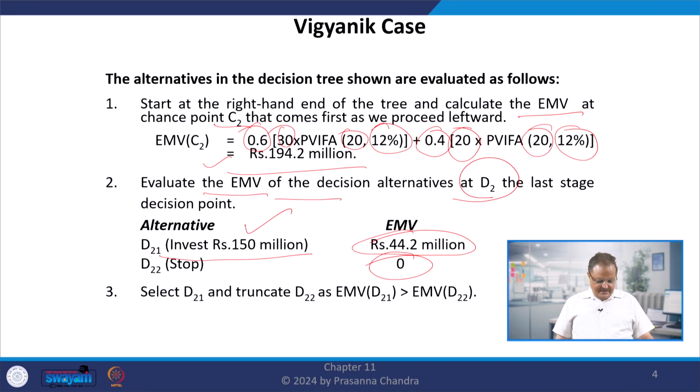Similarly, now we have to select one out of the two, and in this case we have to understand that since the expected monetary value is significantly positive, we will have to select D21.